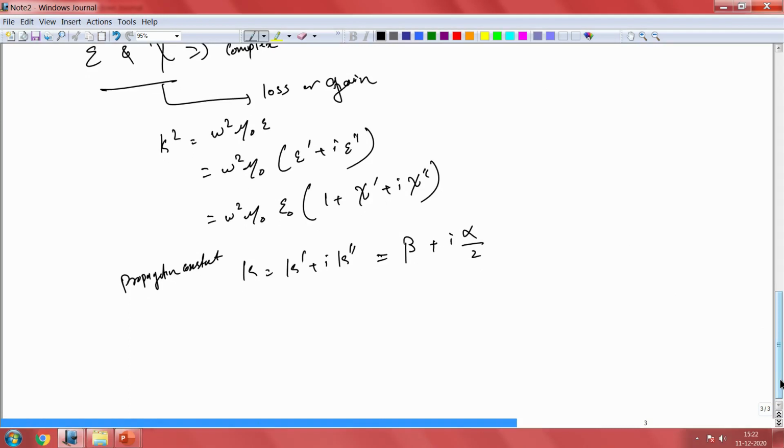The refractive index we know can be written as n' plus i n''. This comes from here, so let me write it down: n is nothing but the root of 1 plus chi' plus i chi'', and that is nothing but n' plus i n''. This is the real part of the refractive index and this is the imaginary part of the refractive index.